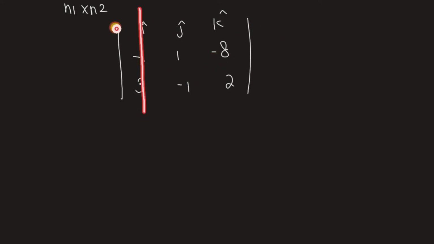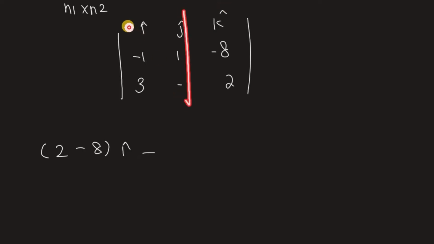So just like that, crossing out the ith row, multiplying this, negative this. If you multiply this times this, that's 2, and this is 8. So you do 2, and then negative, that's a positive, but it's negative multiplied by 8, so that's going to be 8 i hat.